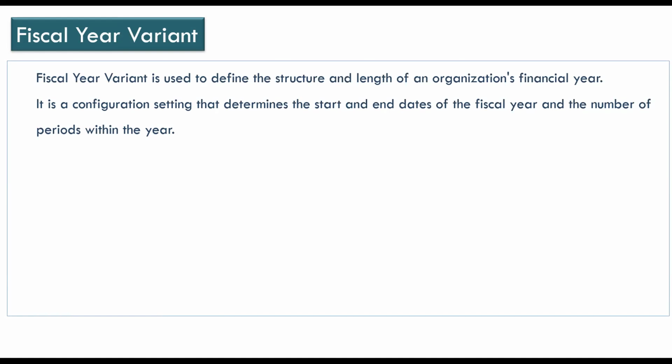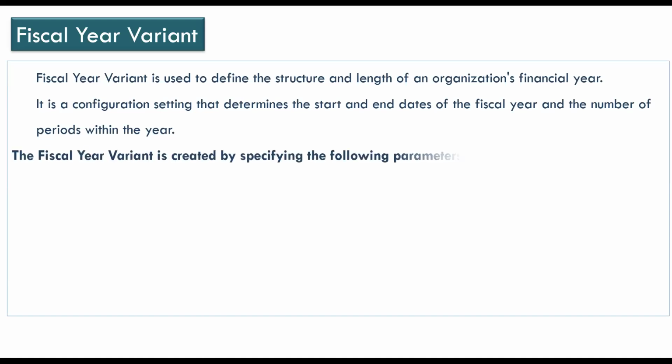So as I told you, fiscal year means financial year. So April to March, Jan to December. So it is a configuration setting that determines the start and end date of the fiscal year and number of periods within the year.